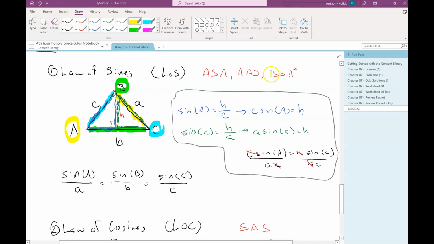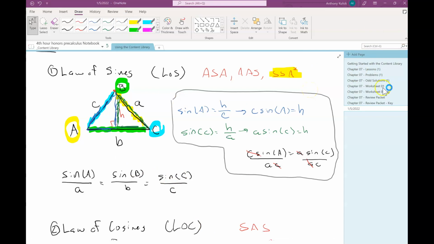It's not the angle-angle-side. It's this side-side-angle. And the reason that should stick out is there is no side-side-angle. That's not a congruence theorem or similarity theorem.